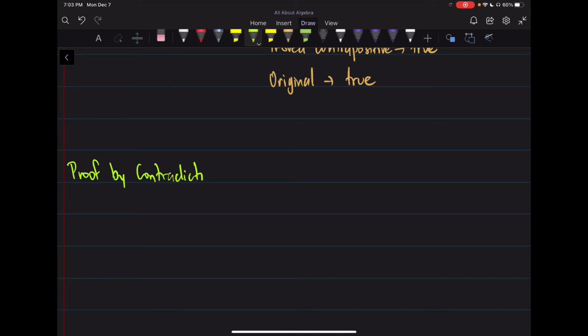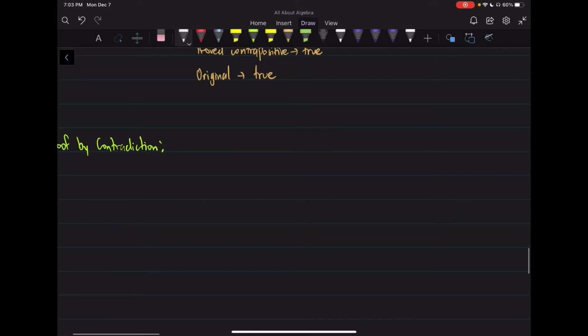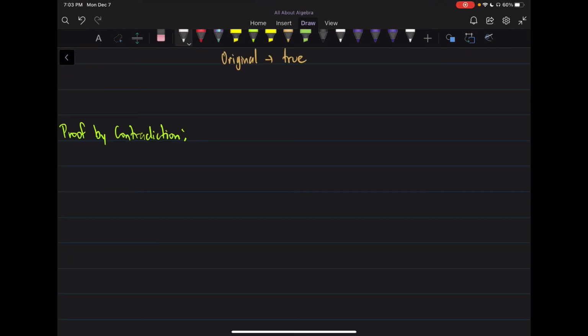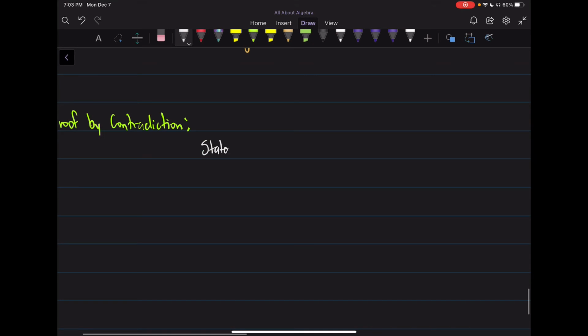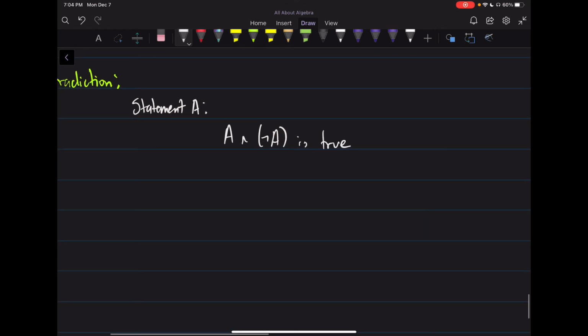Proof by contradiction. Okay, so now, what is a contradiction? Well, if I have a statement A, saying A and negation of A is true is an example of a contradiction.